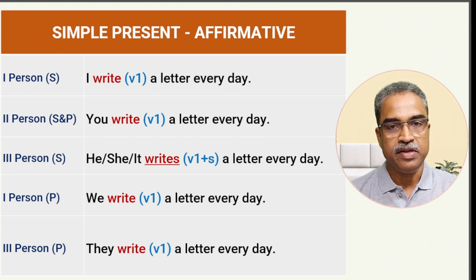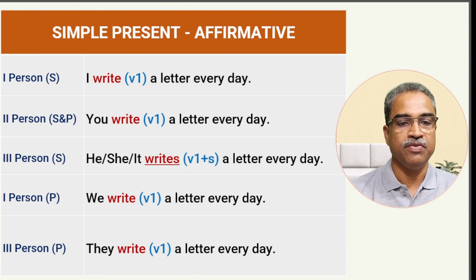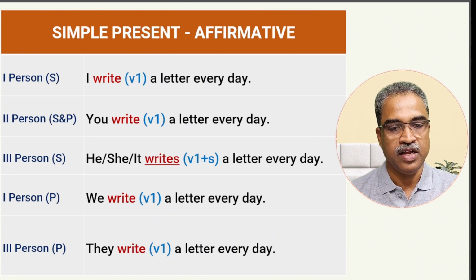So let me take the first person singular, that is I. When you make a sentence in the first person in the simple present tense, subject first, that is I. I have written there subject first, and the verb is write. That's an action word.